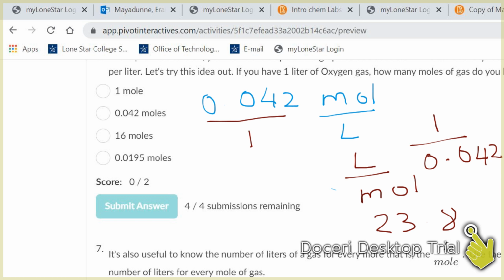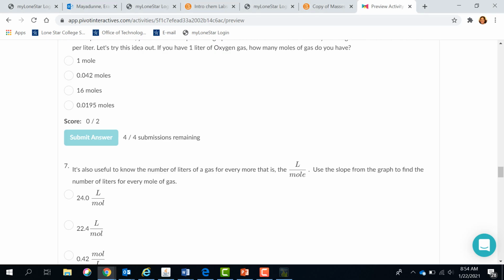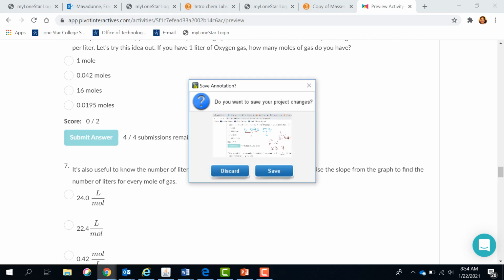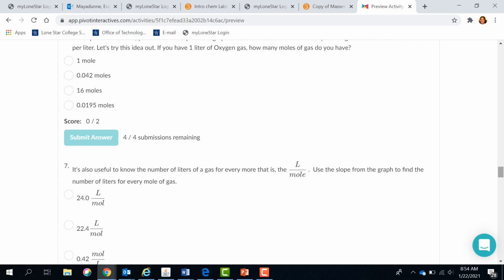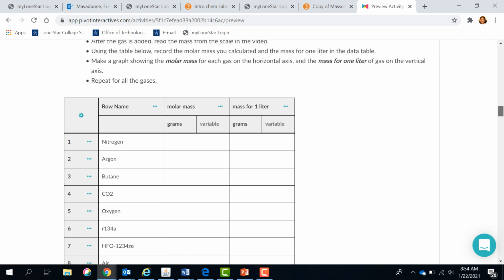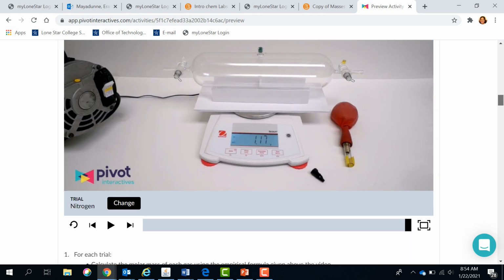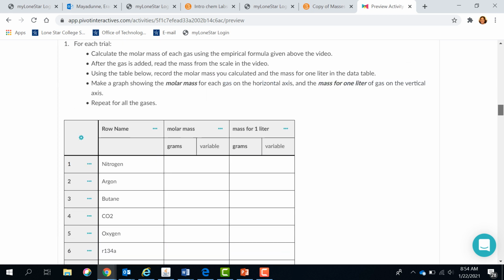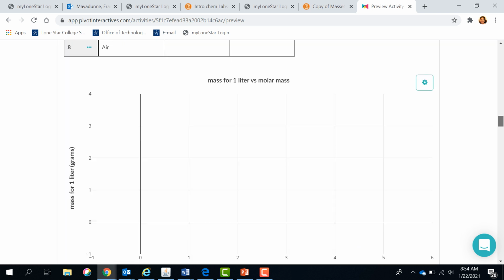When you do the molar mass, you run each simulation for each gas, and you fill in the moles per liter, and then you plot the graph. So you already have these two variables, and then you plot the graph.